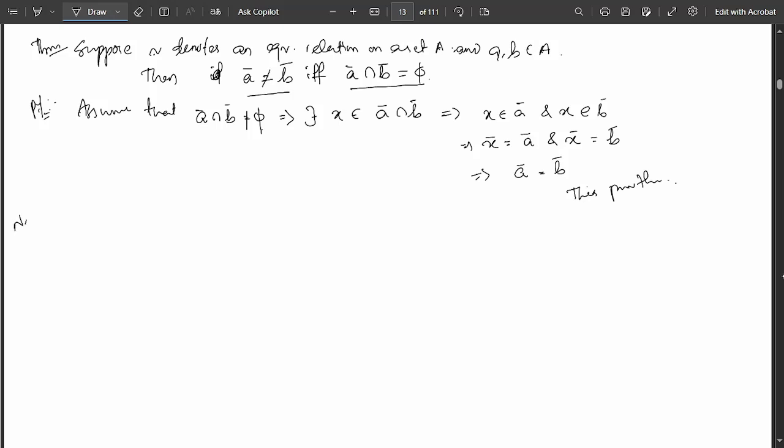Now we have a definition. Okay, what is a partition of a set? Partition means to break a set into some disjoint sets.